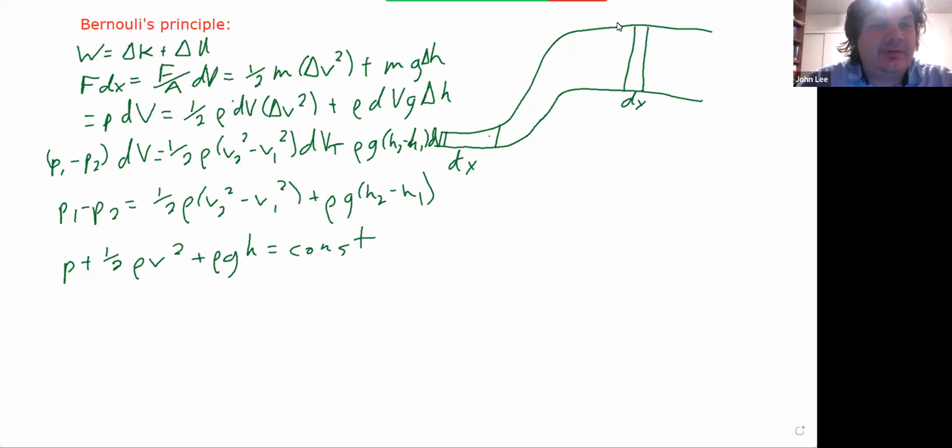Divide through by dV and find that P1 minus P2 equals 1/2 rho delta V squared plus rho g delta H. So P plus 1/2 rho V squared plus rho gh is a constant, is what this is saying. So that's basically all you need to know about it.